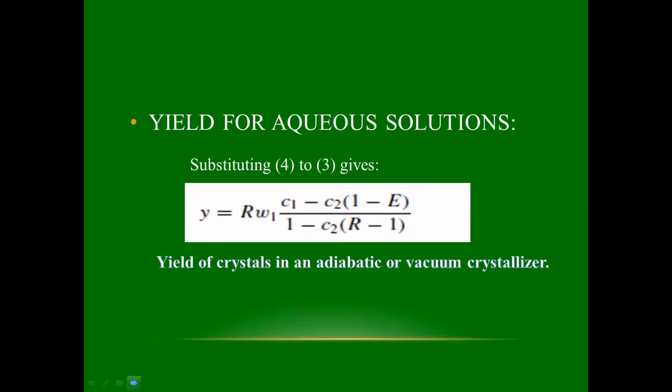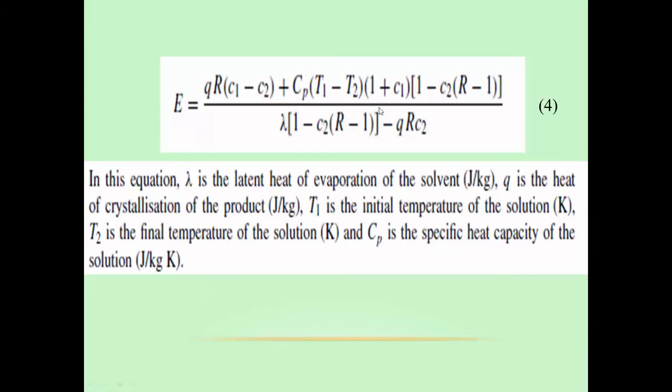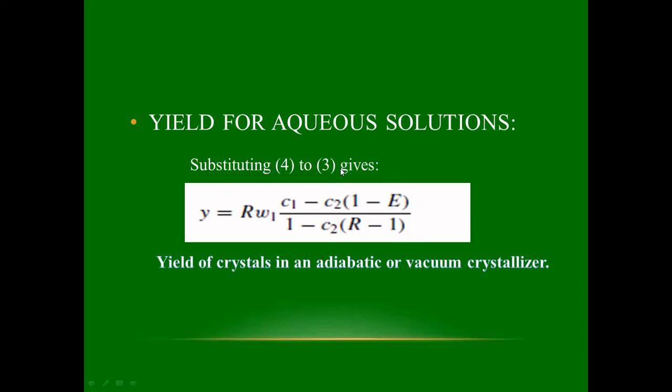Now, the final formula for the yield of aqueous solutions based on this equation, if this is provided, and your equation 3 is this one. So it's now simplified. All you get to see is just the initial water in your solution, initial and final concentration, and the two ratios.